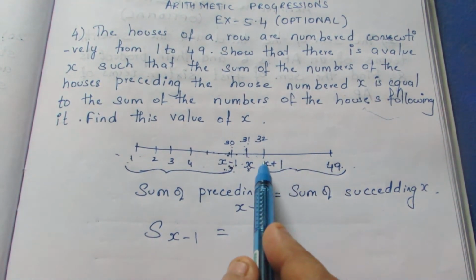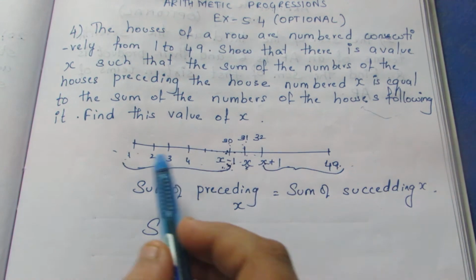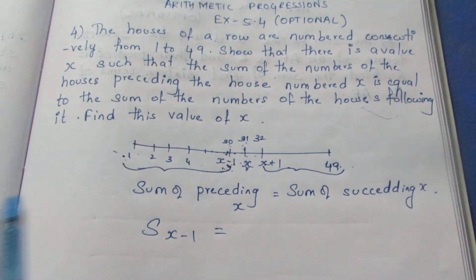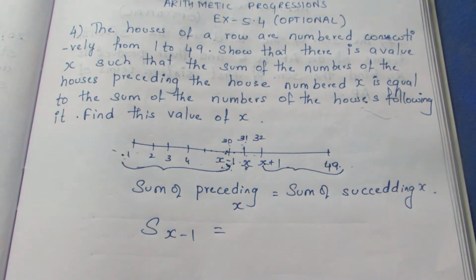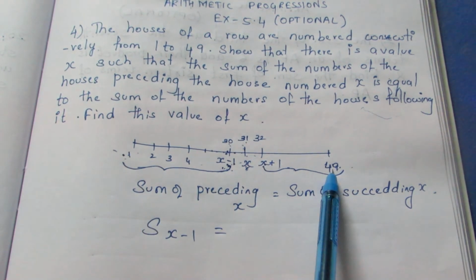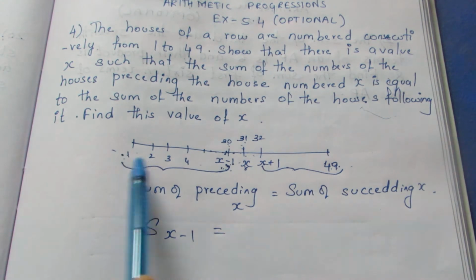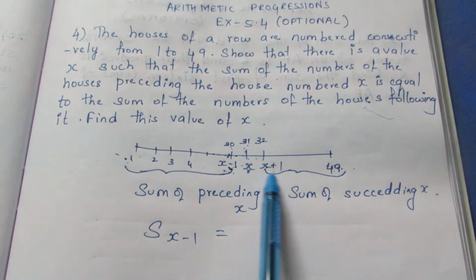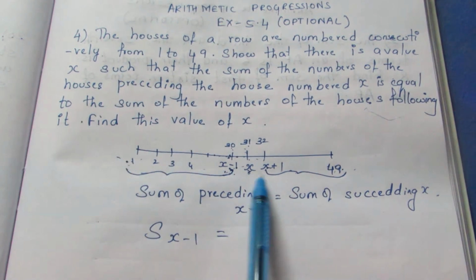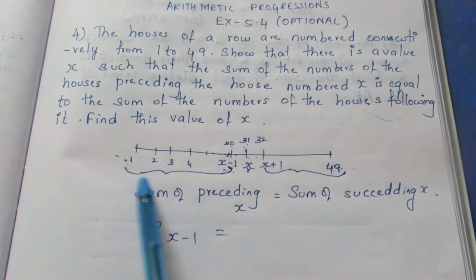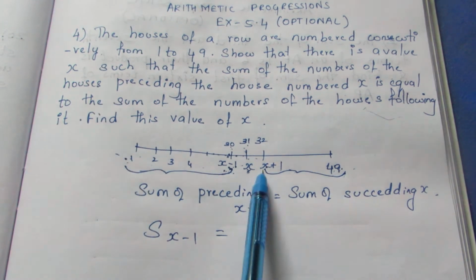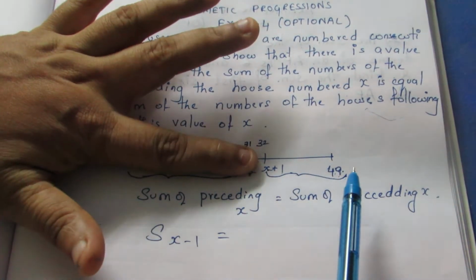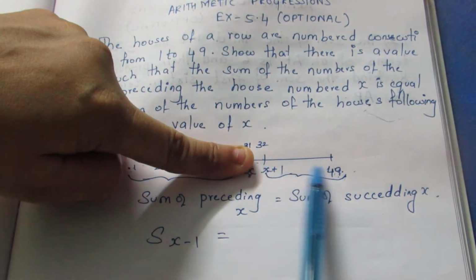Now we can't take S49 for the succeeding houses directly, because S49 means from the first number to the 49th number. But we want the sum after x. For that I am going to take S49, from first till 49, and subtract the sum till the x value. If I take the full sum and subtract this sum, I will get the balance.